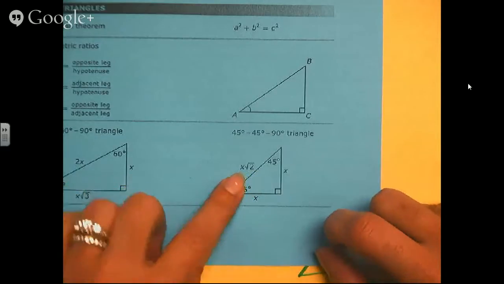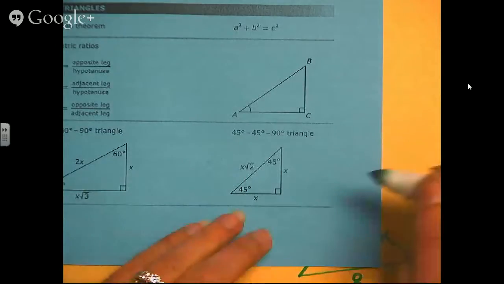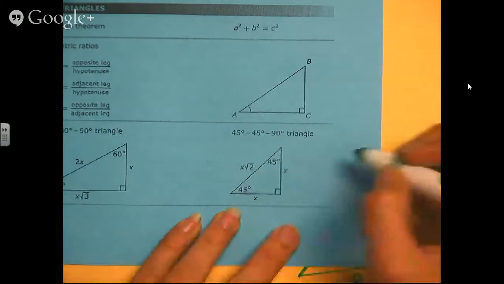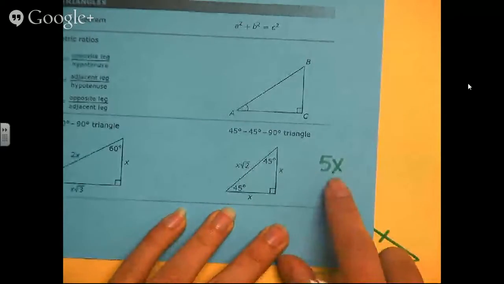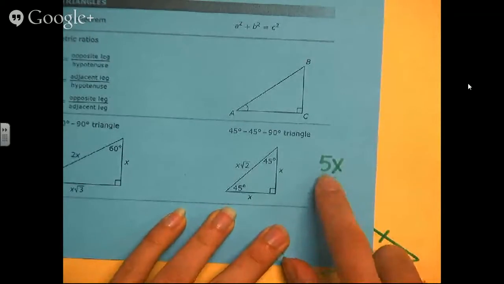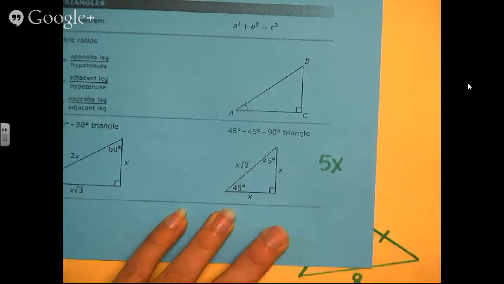Okay, all of you who have taken algebra before are used to seeing things written like this, where you have a number attached to an X. Now, we all know that that means that those things are being multiplied together. This actually stands for 5 times X. All right, this X root 2 is no different.